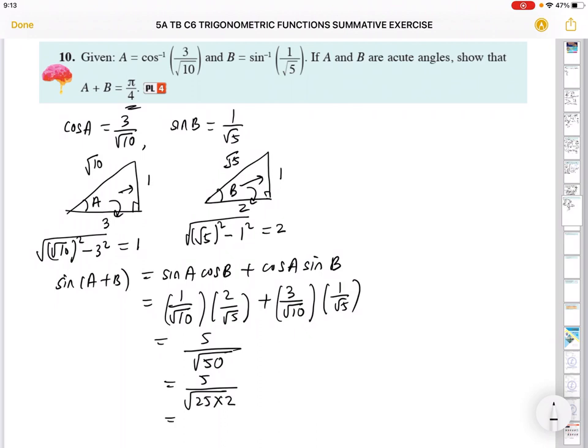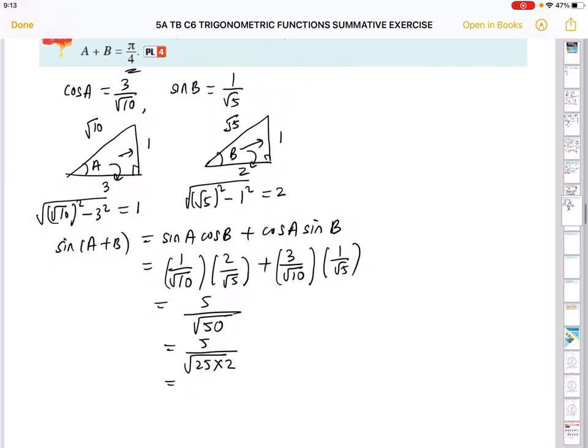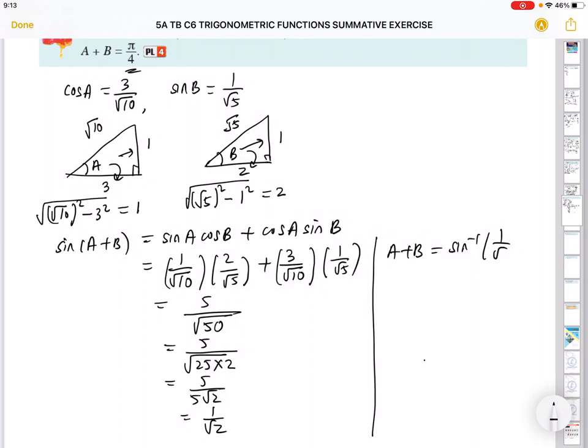Now from here, you can sine inverse it, right? Let me just continue here so you can see the question. A plus B is sine inverse 1 over square root 2. This will be, if you use your calculator, pi over 4. Okay, that's number 10.